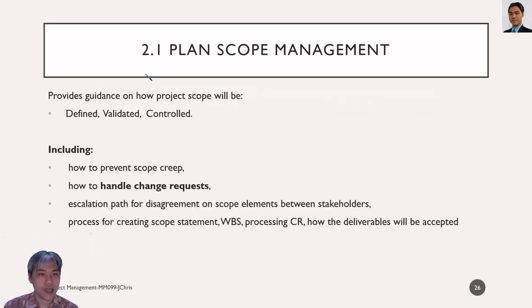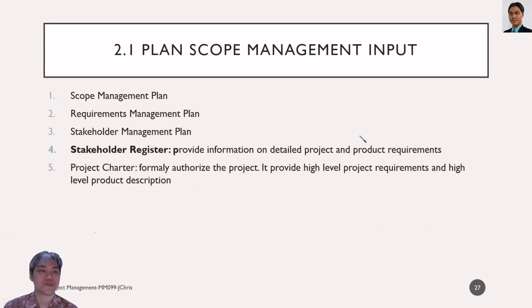So, what is plan scope management? It provides guidance on how project scope will be defined, validated, and controlled, including how to prevent scope creep, the thing that I have described earlier, how to handle change requests, and the escalation path for disagreement over scope elements between stakeholders, the process for creating the scope statement, WBS processing, CR, and how the deliverables will be accepted.